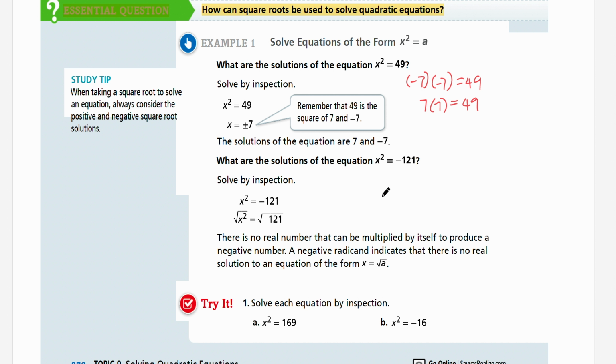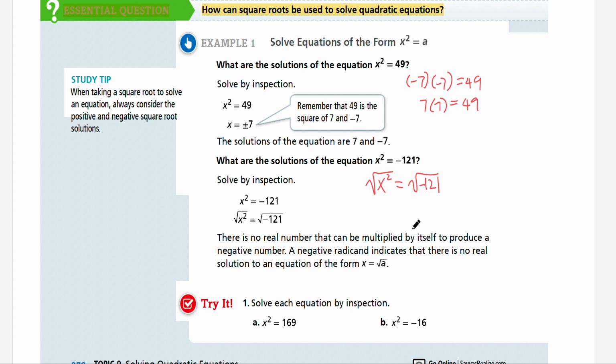What are the solutions of the equation x squared is equal to -121? So now we know that square root is the inverse operation of squares. So we can root both sides, but then a negative radicand is impossible, right? So this is not a real number. It is going to be an imaginary number, and we're going to learn that later.